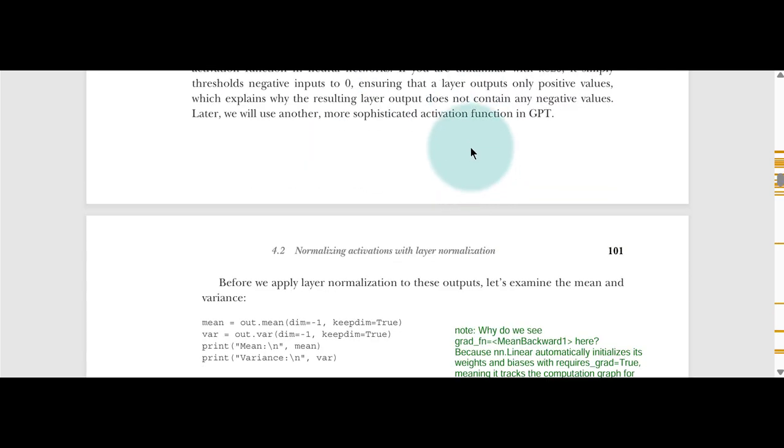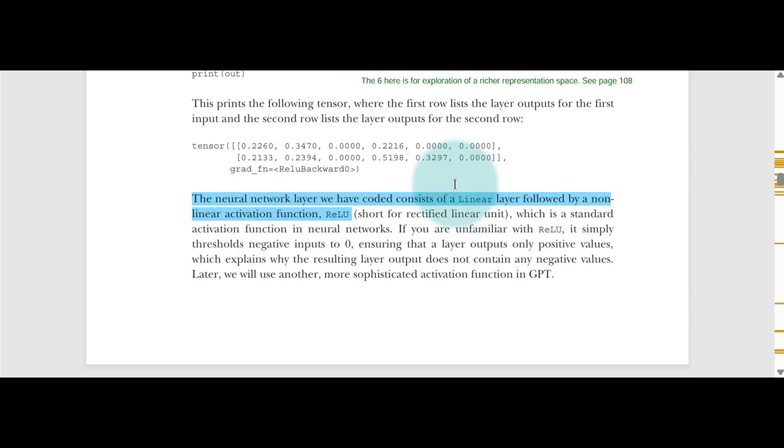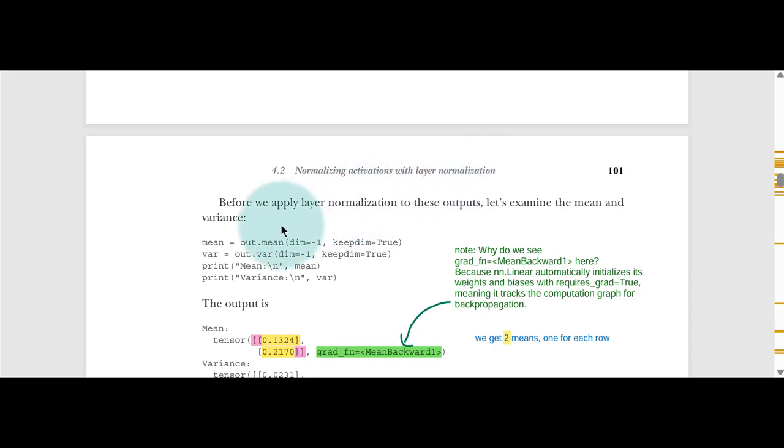I'm not sure which one would be considered layer normalization here, but I know what he's going to do because I've read it already. And he is going to do this way, and I guess this is layer normalization. Anyway, let's see what he does. So what does he do? He takes out.mean with dim=-1. What does dimension minus 1 mean? It means the last of our dimensions.